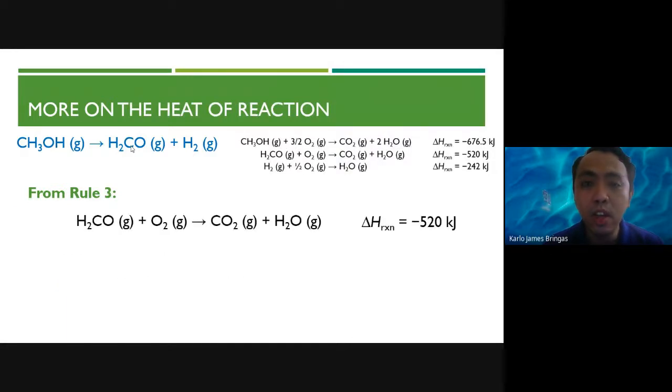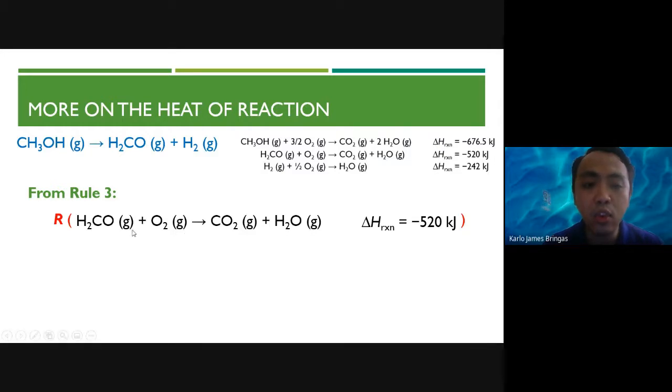So again, we're gonna use our rule number 3. In the rule number 3, what we're gonna do is we'll just copy the thermochemical equation that we have as such. And then applying our rule number 3, we're gonna take the reverse of this one. So meaning, all of the products that we have in here, we'll just rewrite it as the reactants.